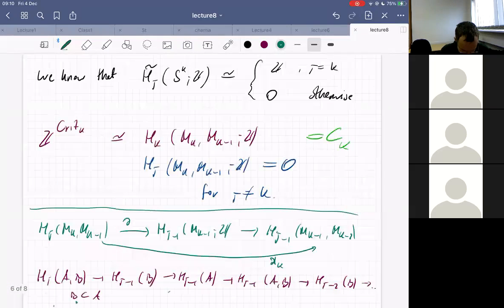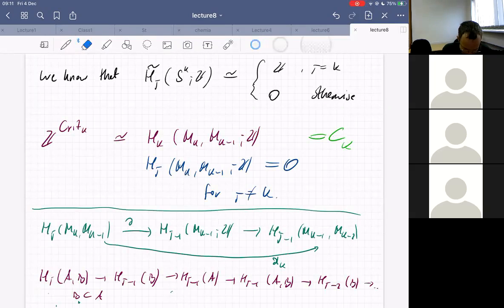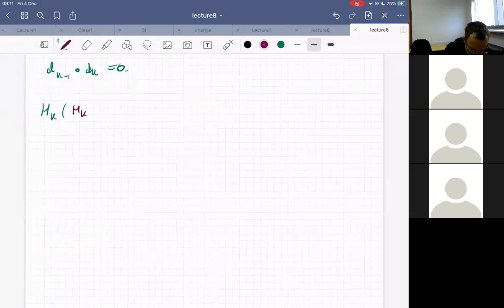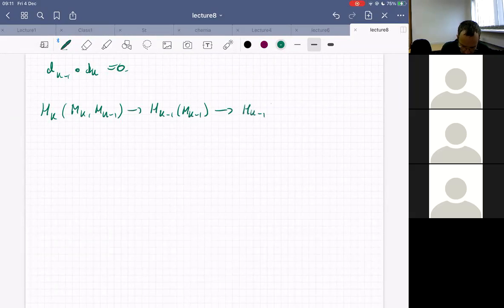hk of, and sorry, I should say that this is dk if j is equal to k, of course. So we have hk of mk minus, maybe the same color, there's no reason for changing colors, mk minus 1 goes to hk minus 1 mk minus 1, goes to hk minus 1 mk minus 1 mk minus 2.